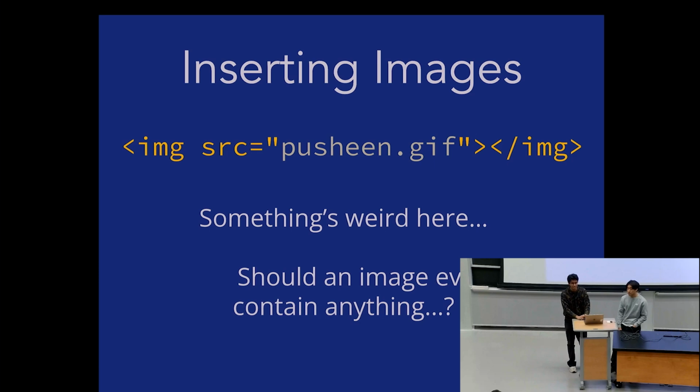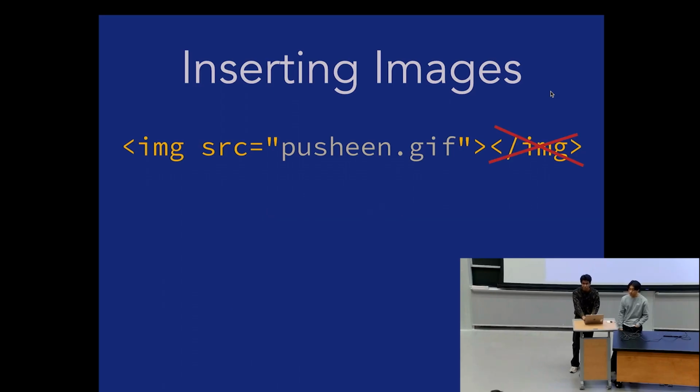You're not going to put text inside your image, or you might, but probably not in this way. So instead, what HTML lets you do is get rid of the closing tag entirely and make what's called a self-closing tag. It'll display the same thing that it did before, just an image. But because you don't need anything inside of the opening and closing, you just make it one tag.